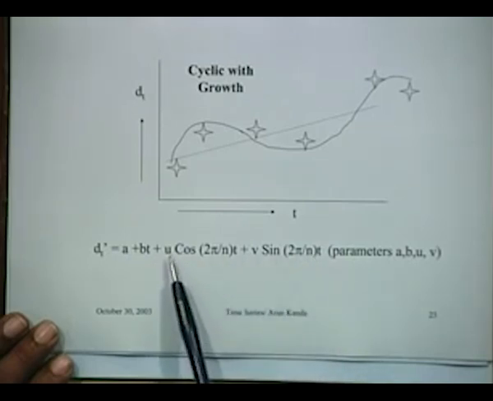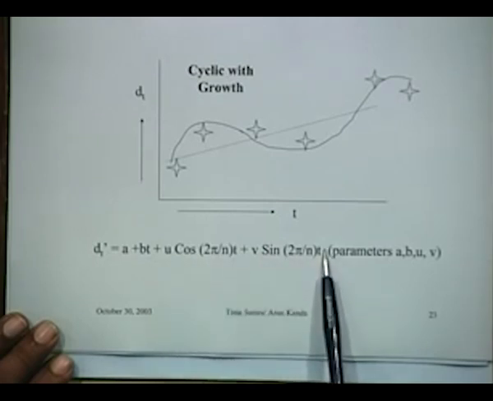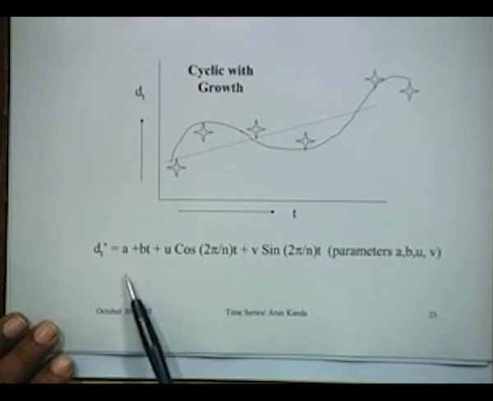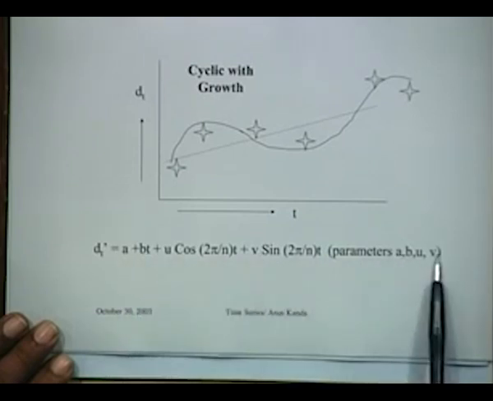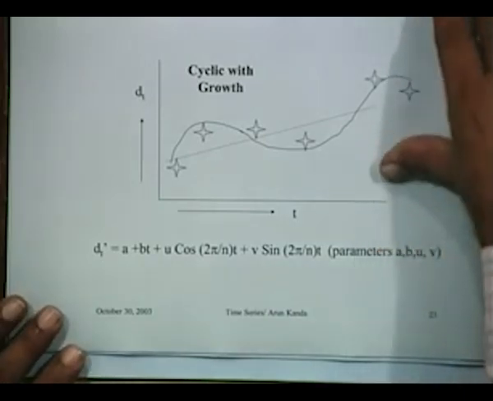That is, this is the cyclic component, the sinusoidal component. So u cos 2 pi by n into t, v sin 2 pi by n into t. If you were to use this, you would need to estimate a, b, u and v. These are the four parameters. So in this case you would have four equations which will determine the parameters, the least squares normal equations for this particular case, and the procedure would be similar.